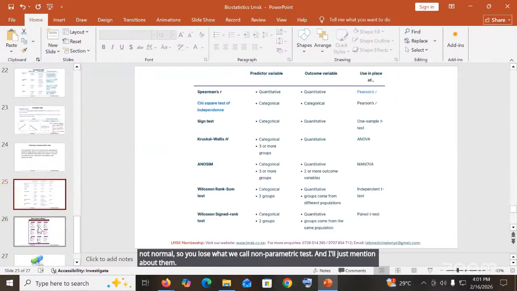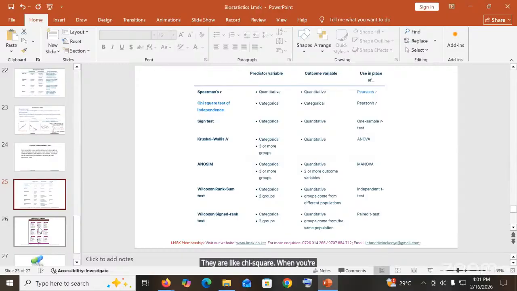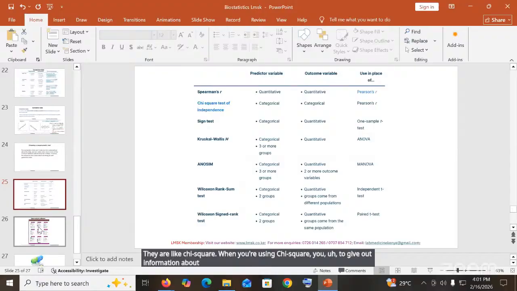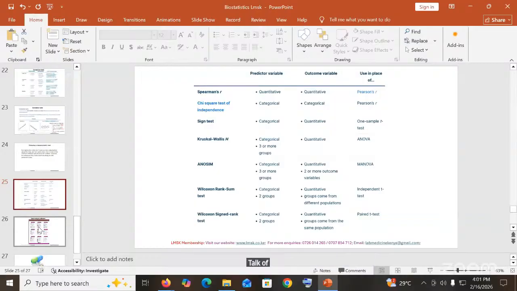They are like chi-square. When you use chi-square, it means that your data was not normally distributed. You can use a chi-square test, for example, for categorical versus categorical. So you want to look at, for example, cervical cancer and diabetes mellitus.